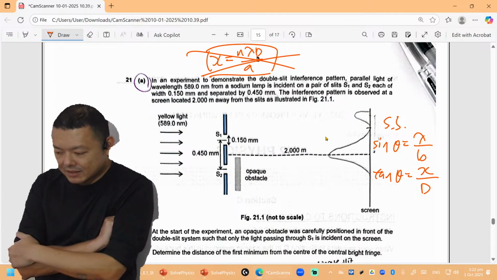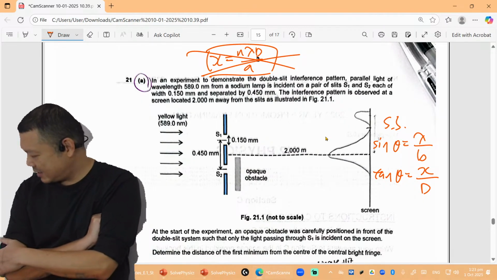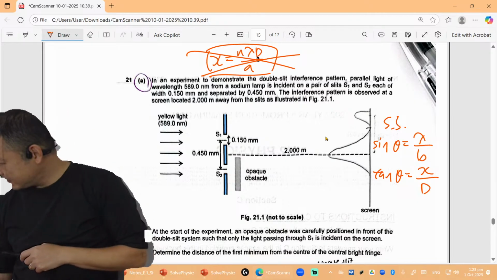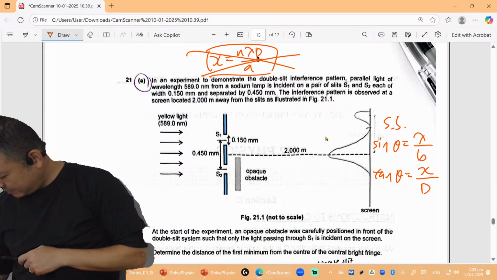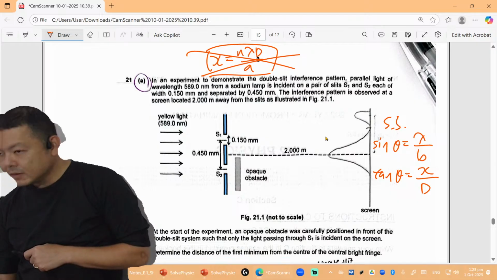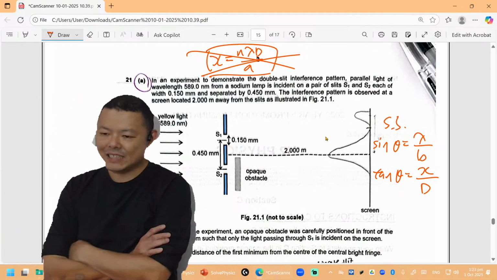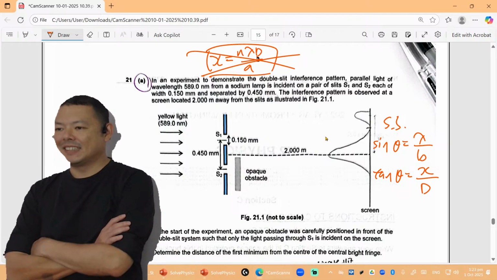Sorry, what? You thought single slit was what? Yeah, that's what I'm trying to tell you.